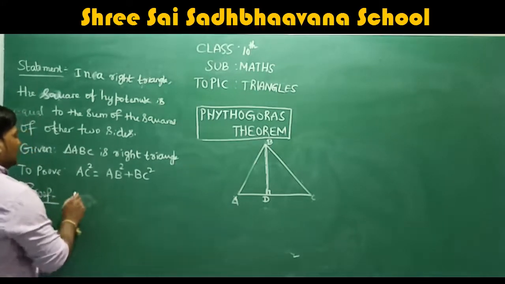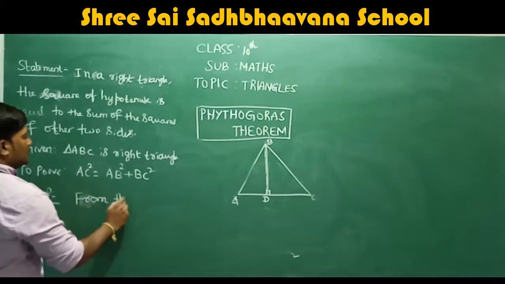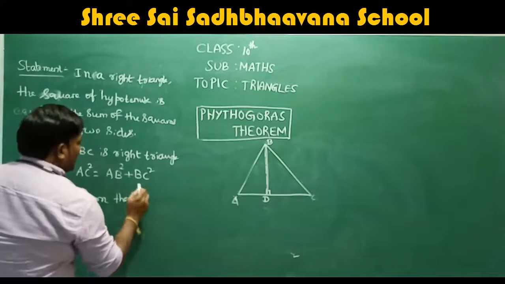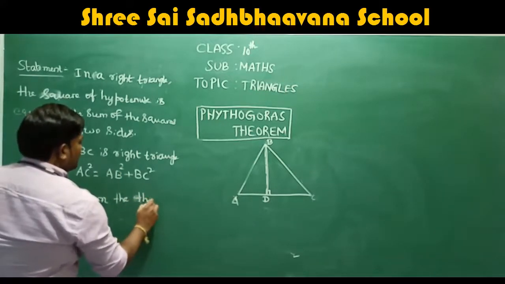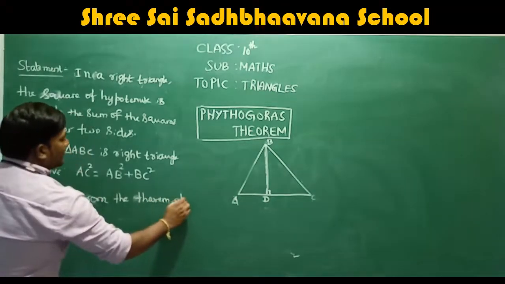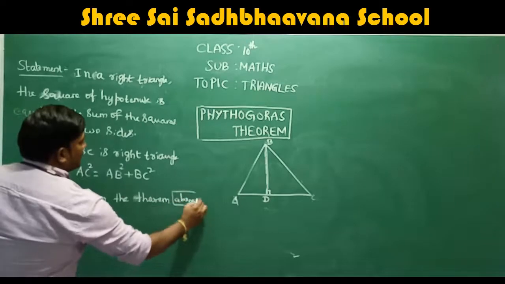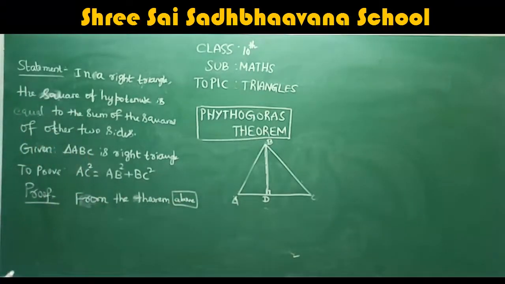From the above theorem. See, I am writing above, or from the theorem above. I am just writing above as this. Above may be your 8.1 or we can consider some name for this.